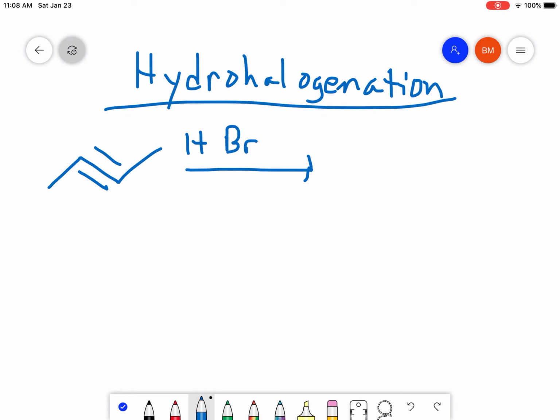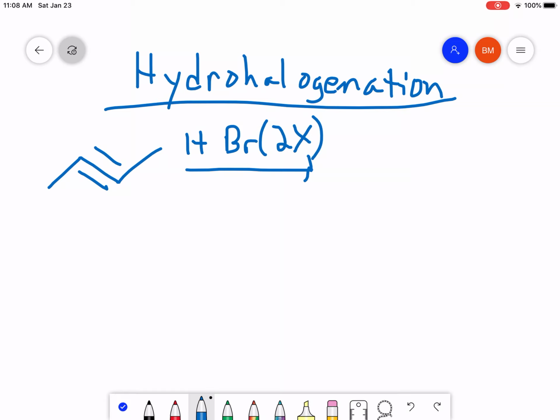Now, one major difference between alkenes and alkynes is that alkynes have 2 pi bonds. Alkenes only have 1. That makes a difference because since alkynes have 2 pi bonds, they can do hydrohalogenation twice. So whenever we set this up for an alkyne, we almost always use 2 equivalents of reagent. So let's see what's going to happen.